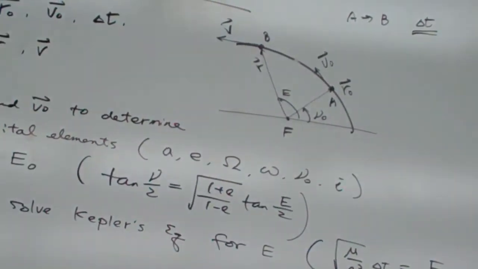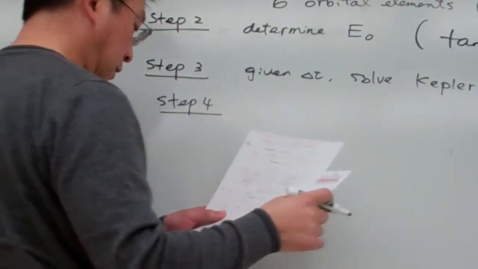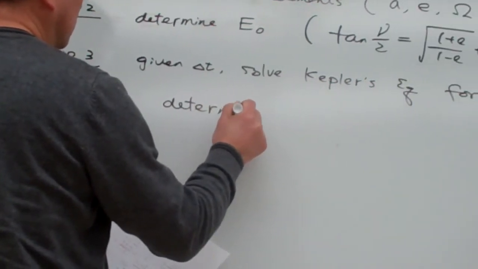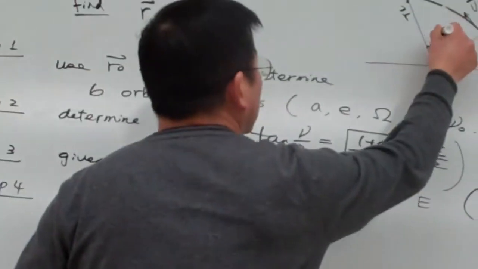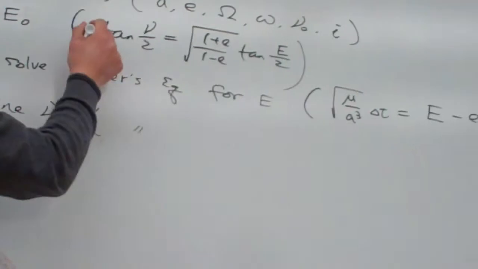So again, step 4: with E solved, then you can determine mu. So this is mu. Basically, again using the same equations here.